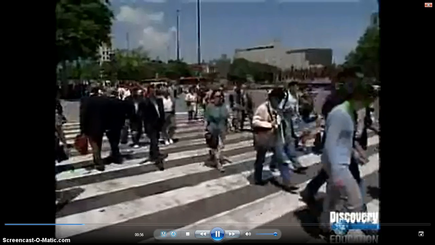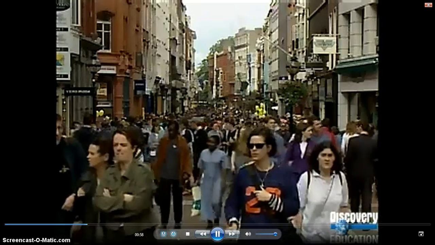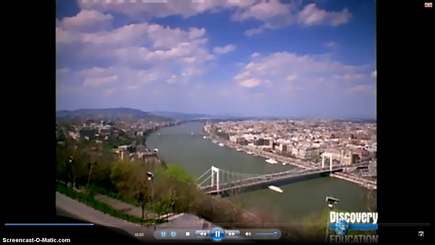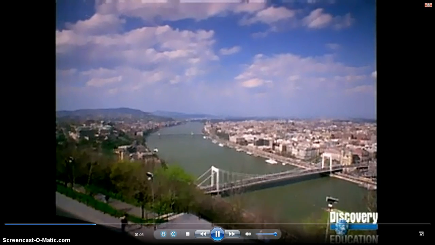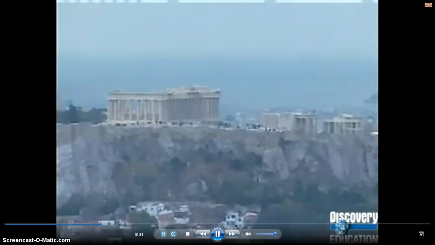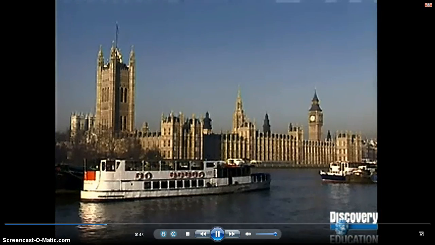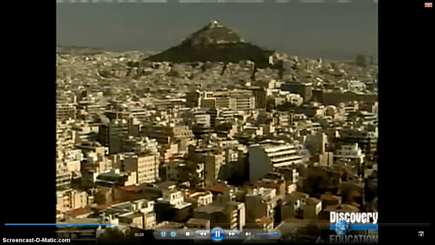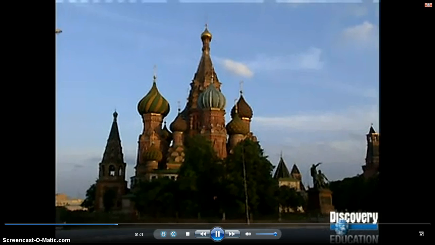Despite its small size, Europe is more densely populated than any continent except Asia. Most European countries are highly urbanized, and some of the world's most historic cities are found here. London, England; Paris, France; Rome, Italy; Berlin, Germany; Athens, Greece; and Moscow, Russia, to name a few.